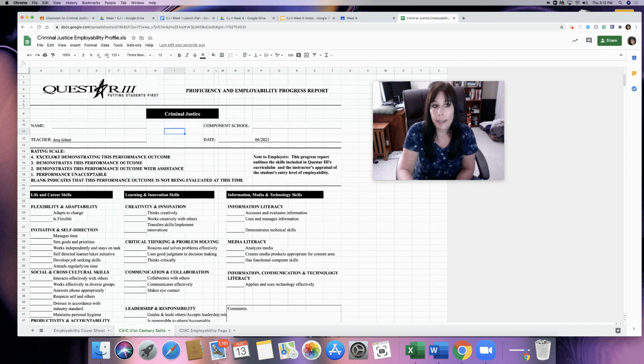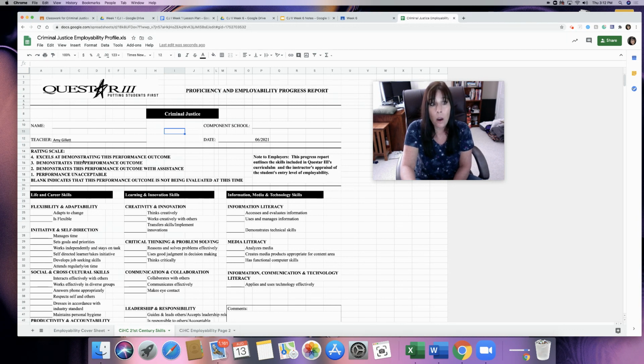So the rating scale, I'm asking you to grade yourself from a 1 to a 4 in each and every single item on this page. So a 4 is the highest you can give yourself, and that says excels at demonstrating this performance outcome.